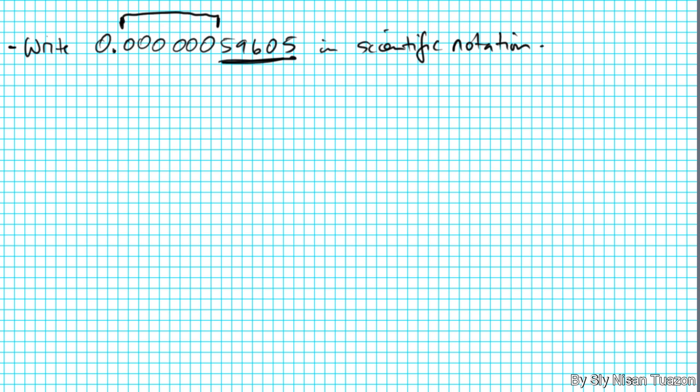As before, it needs to be between 1 and 10, so I'm going to use 5.9605. Notice that this 0 I'm not calling a placeholder, because it's actually the value of that place. There is a number following the 0, so the 0 is important.